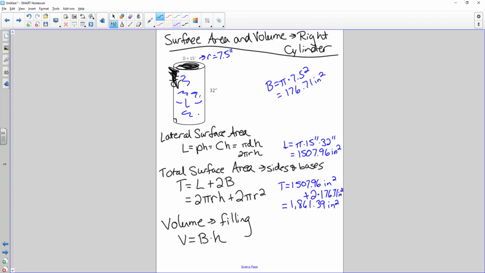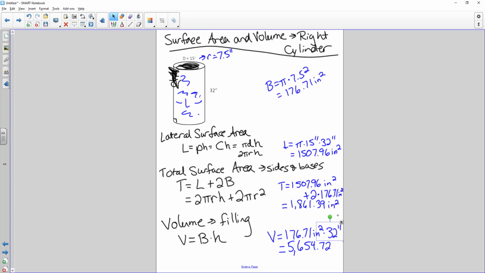So you can see now why I kept this capital B up to the side. The area of the base we already did. It was 176.71 inches squared. If I multiply that by the height of 32 inches, so 176.71 times 32, I get 5,654.72.